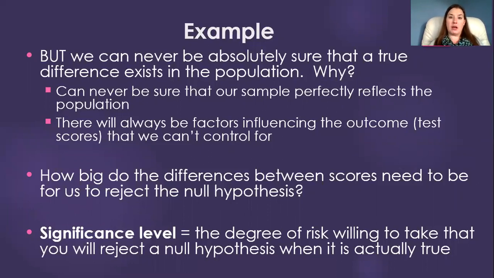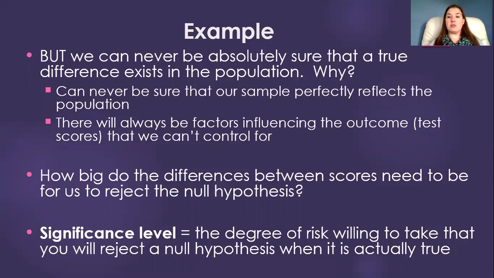So significance level and the inferential statistics we learn in 302 help us to think about how big the differences between scores, between means, need to be for us to reject the null hypothesis and say that there actually is a difference in means in the population. And so the significance level is really the degree of risk we're willing to take that we reject a null hypothesis when it's actually true, right?